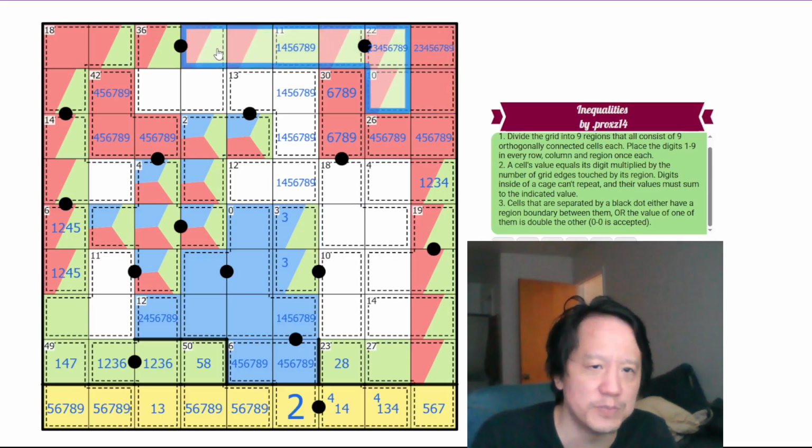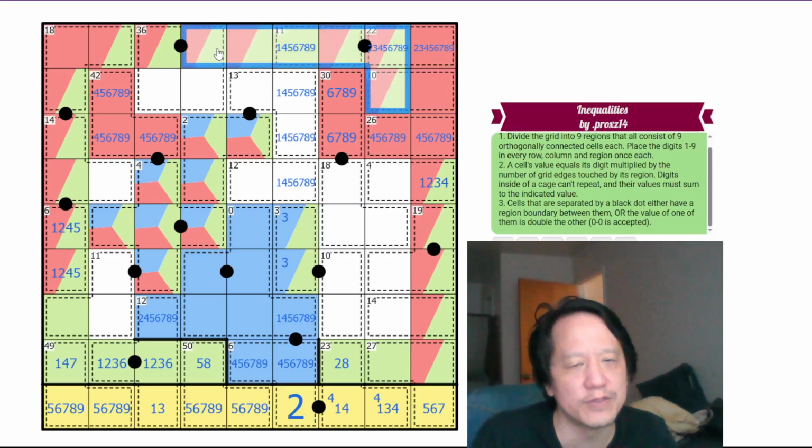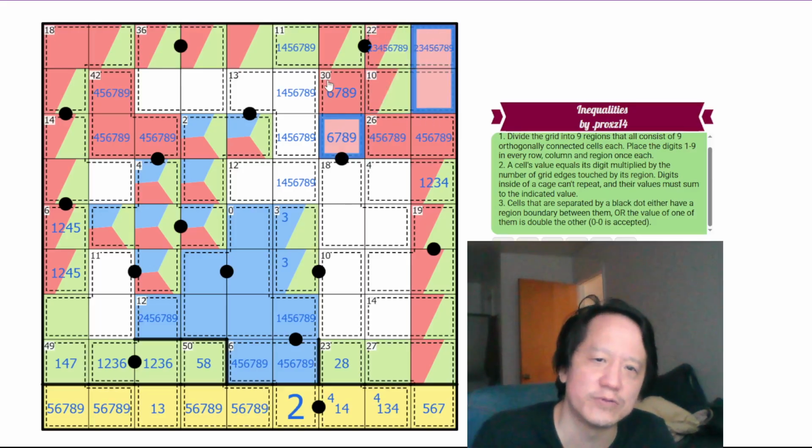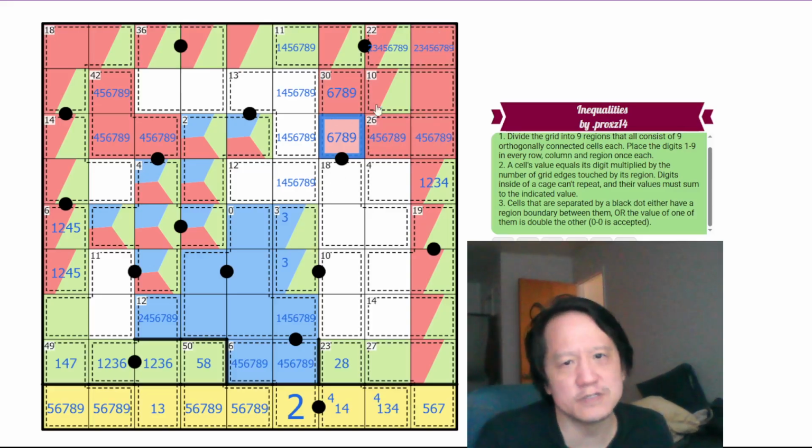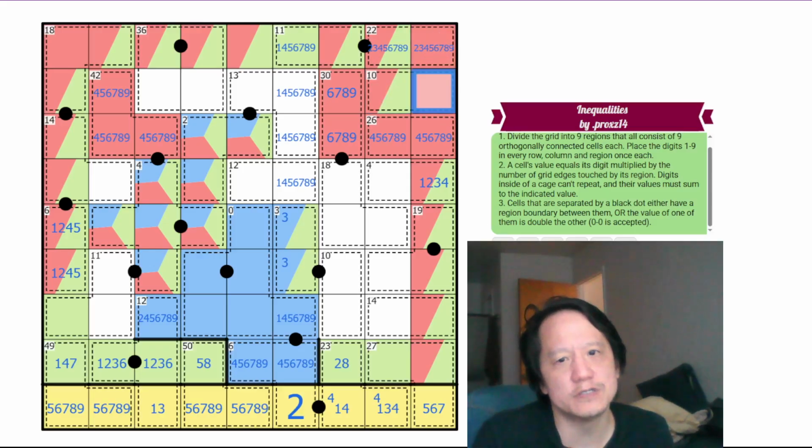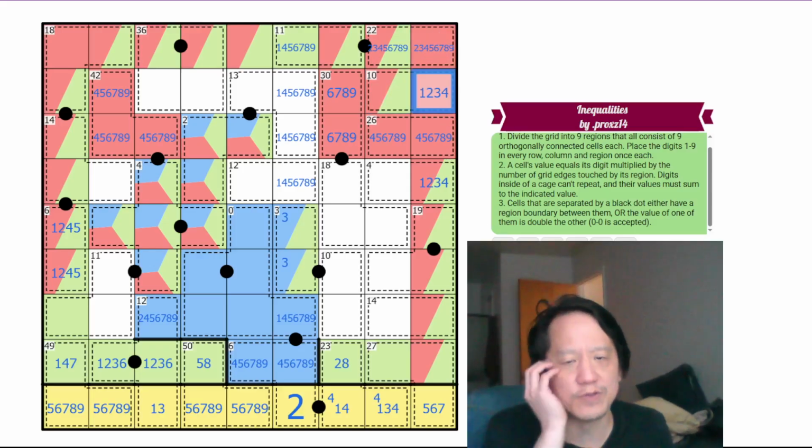But this could be green technically going out that way. I don't know. 1, 2... Oh, yeah, this already touches 2. So that's fine. Interesting. So this is double, which means it has to be 1 through 4 there. Huh.